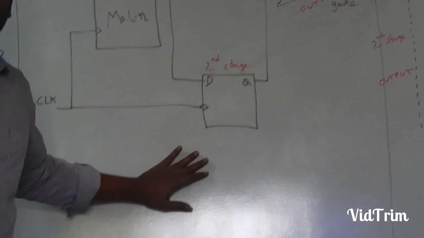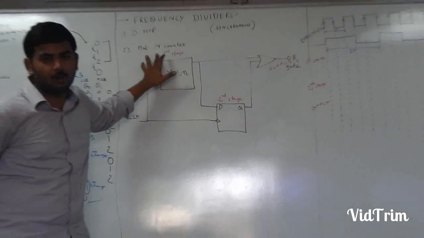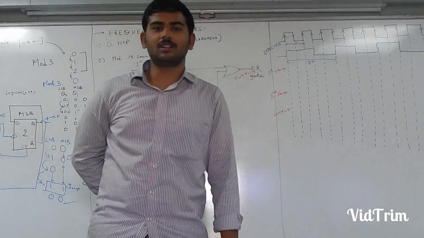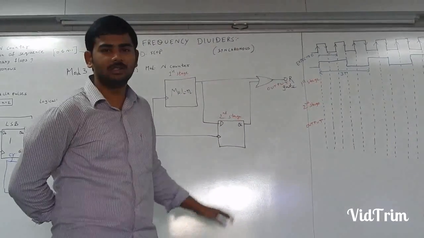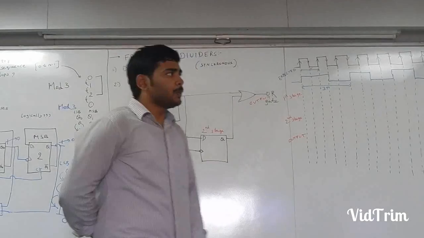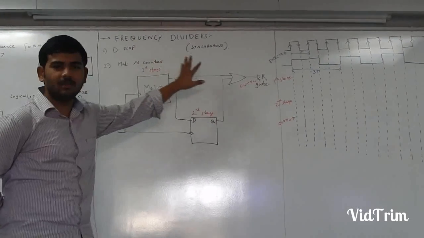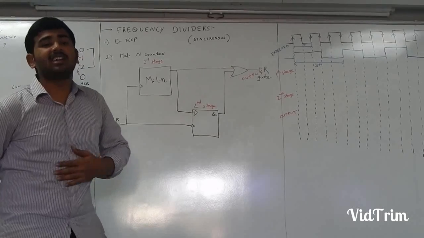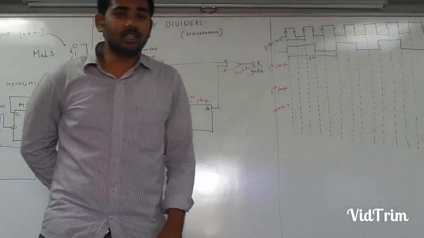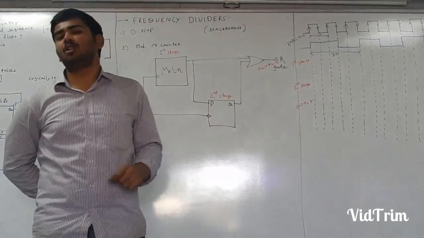So guys, so far we discussed this D flop and mod counters, and now let's see how we are going to use these two to get our frequency divider. Normally they'll ask to design a frequency divider, but I want a synchronous design. I don't want asynchronous design. Like we discussed, synchronous design is where every device is given the same clock.